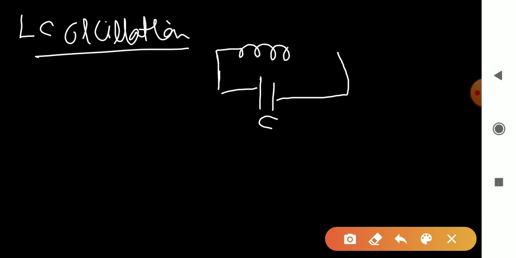For this, consider a capacitor of capacitance C connected across an ideal inductor of inductance L, and a battery through a two-way key.